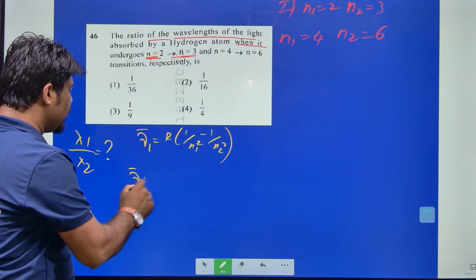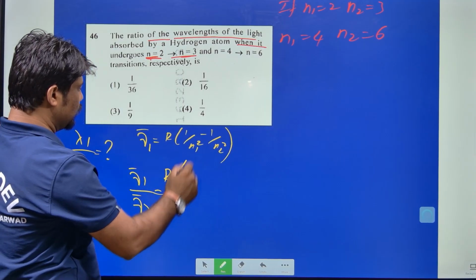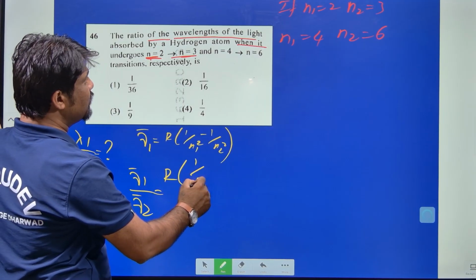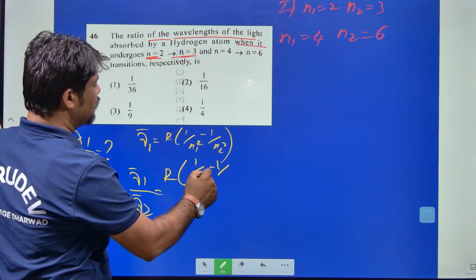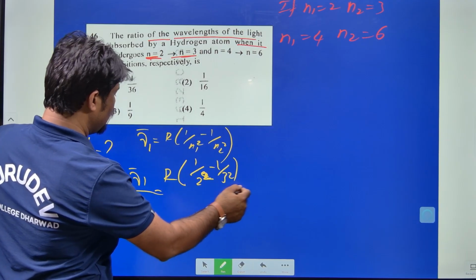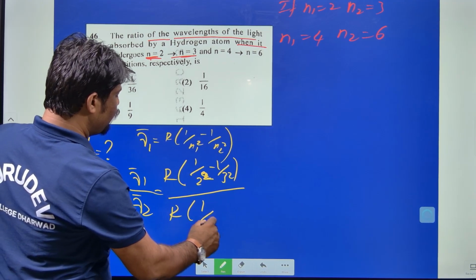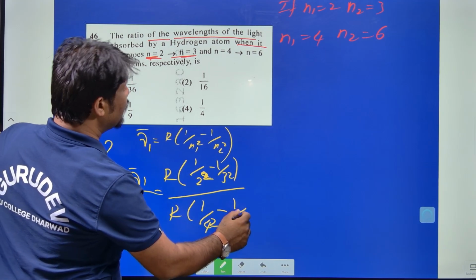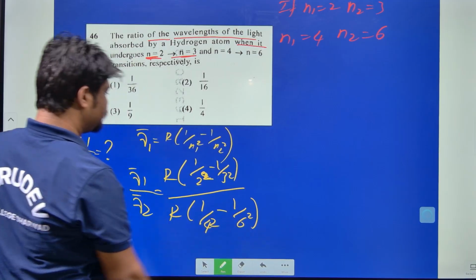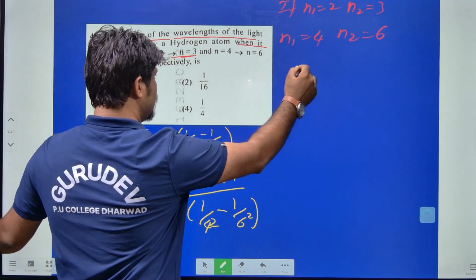So nu bar 1 divided by nu bar 2 is equal to R into (1 divided by 2 square minus 1 divided by 3 square), all divided by R into (1 divided by 4 square minus 1 divided by 6 square).